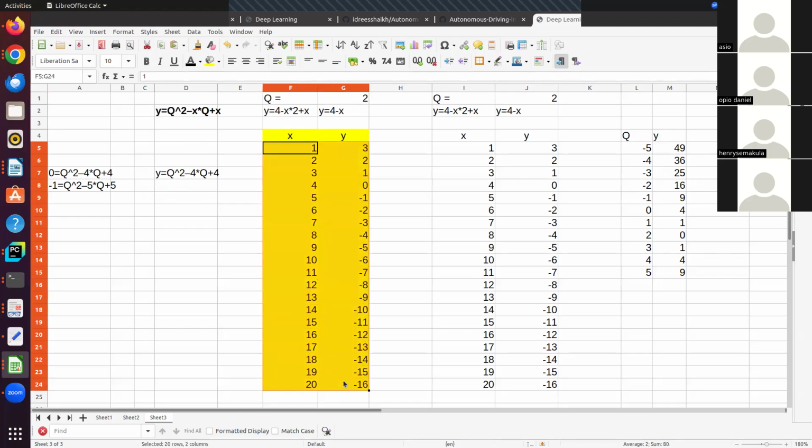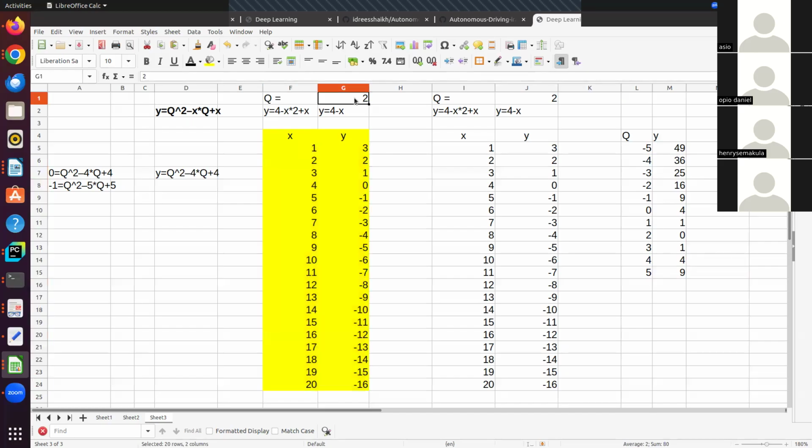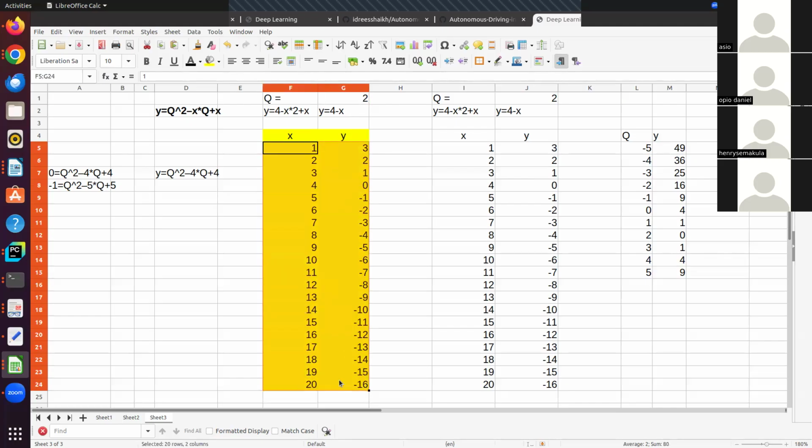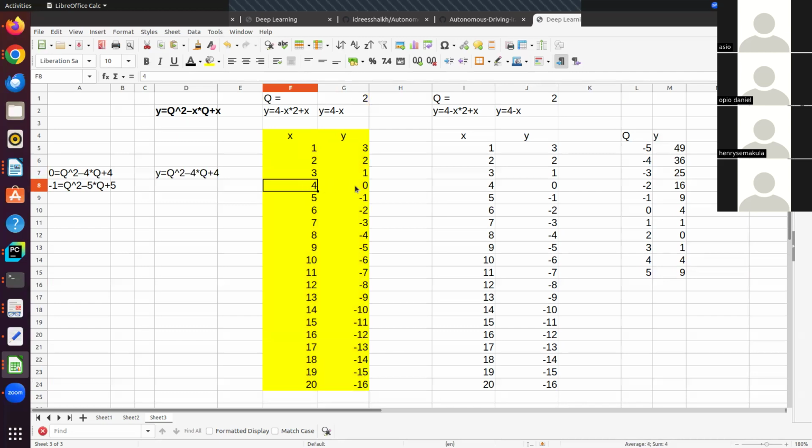Real life is like taking a machine, and every machine has its own q. I took a machine that has a q of 2, therefore, no surprise, this is the relationship between x and y for that machine. Then for that specific machine, let's put x equal to 4. What am I measuring? y is equal to 0.